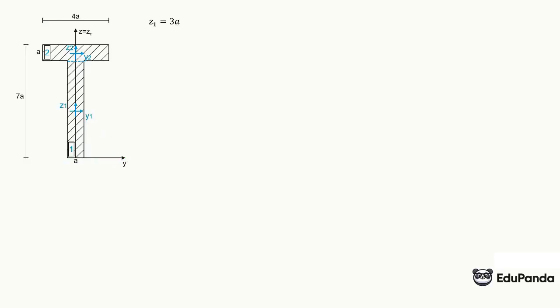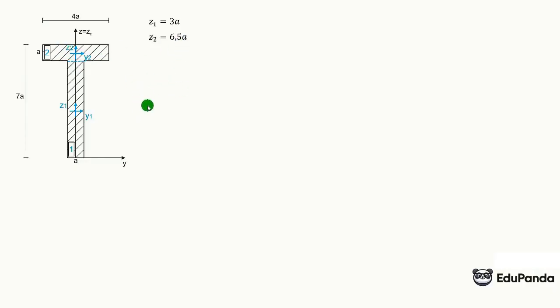Here, we have marked that 7a is the height of the entire T-section. a is the height of the flange, the width of the flange is 4a, and the width of the web is a. So the height of the entire first shape is 6a, so this distance will be in the middle, which is 3a. The z-coordinate of the second shape is the total 6a, and also half of this height, which is 6.5a.